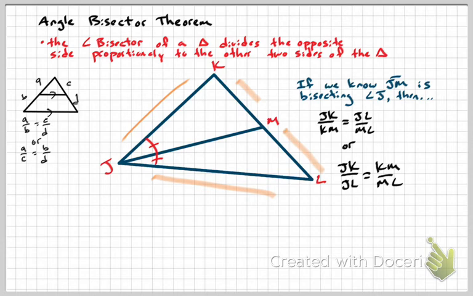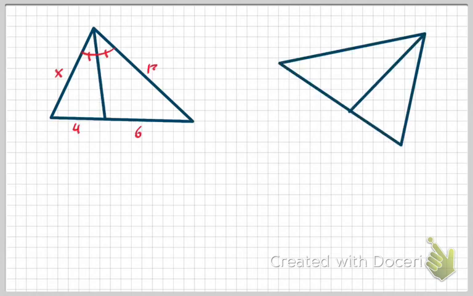It's going to depend on the diagram, it might be left, right, however you want to think of it in your head. That's the key to doing these problems: setting up the ratios and the proportions correctly. The angle bisector is dividing it into two triangles that you're comparing. So let's take a look at a couple different examples.